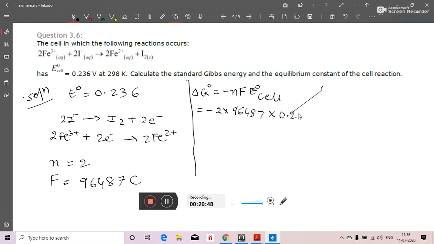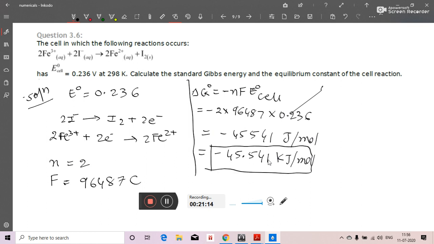So that is equal to minus 45,541 joule per mole. So in kilojoule it will become minus 45.541 kilojoule per mole. So this is our first answer of delta G naught.